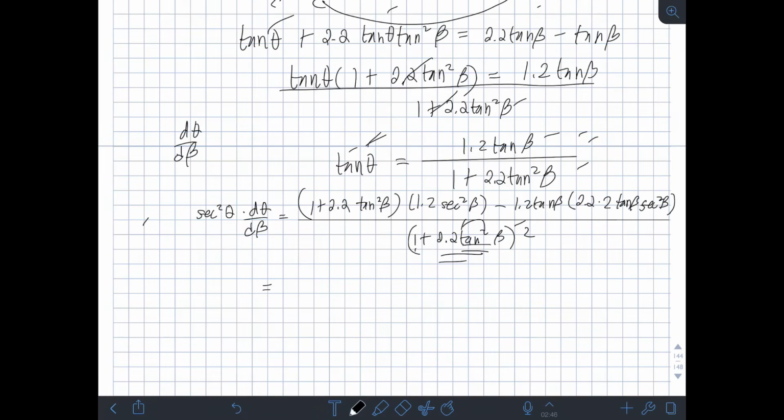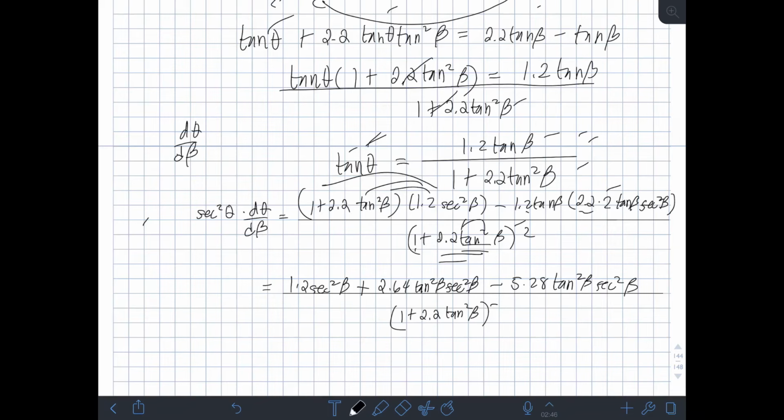So, simplify natin to. Distribute. So, 1.2 secant squared beta plus 1.2 times 2.2, 2.64 tan squared beta secant squared beta minus 1.2 times 2.2 times 2, 5.28 tan squared beta secant squared beta over 1 plus 2.2 tan squared beta quantity squared equal secant squared theta d theta over d beta.